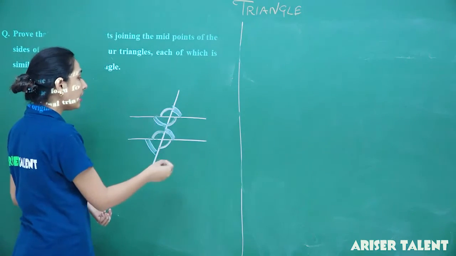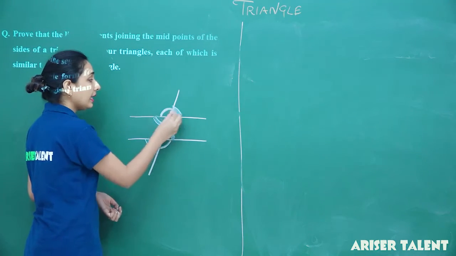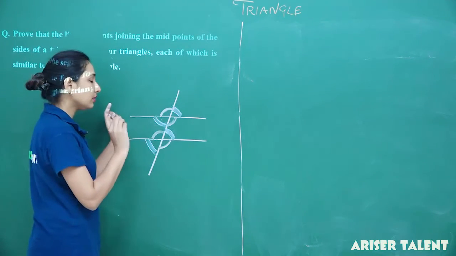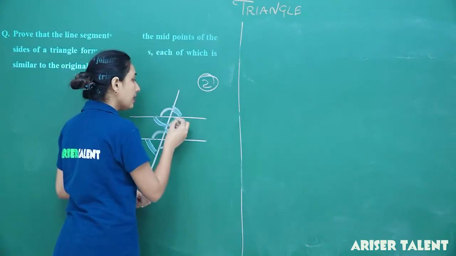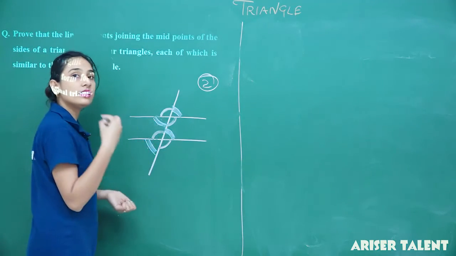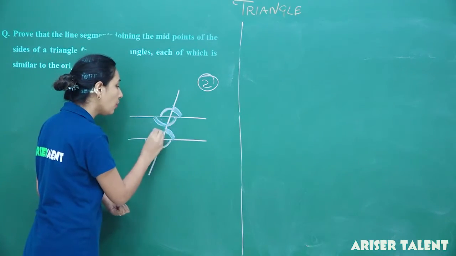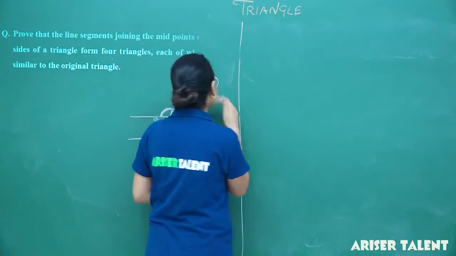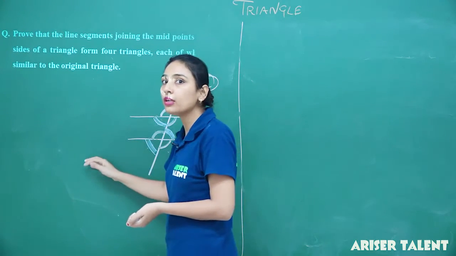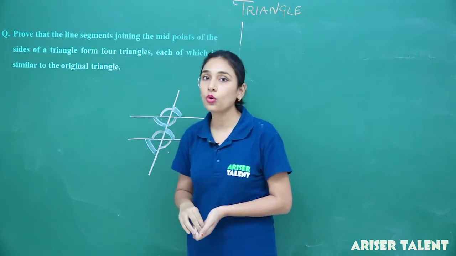So, we are having eight angles. We are having only two measures, these four of the same measure and these four of same measure, and we will be going to use this thing in many more questions, and I have already used this thing. So, I am just reminding you, okay.